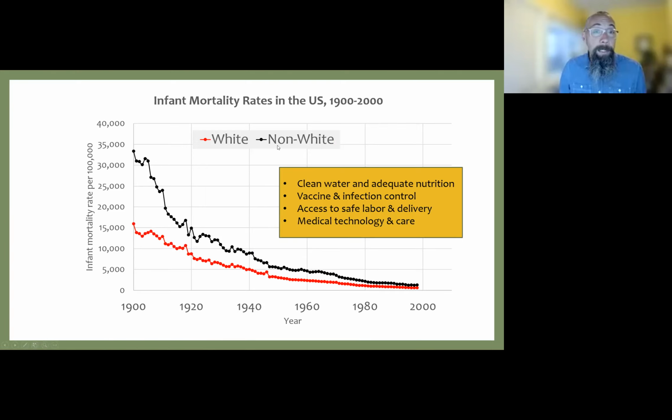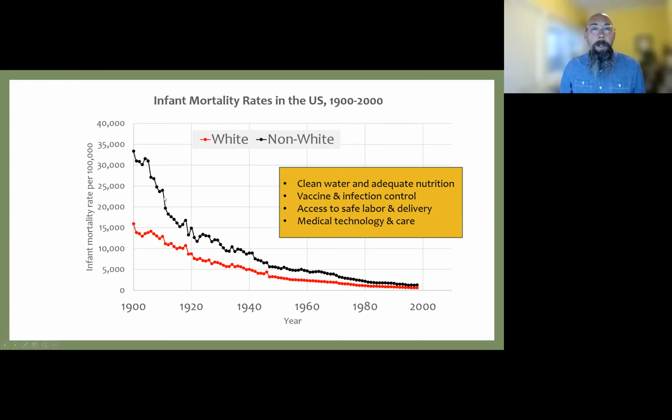We were just talking a little bit about categorization. You probably know that racial categories are not static, they change over time. We name people and lump and split them in different ways at different points. So the reason this graph says white and non-white is because that's how the data were captured, I think maybe before 1920 or something.